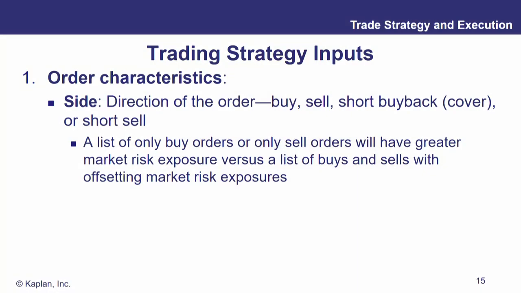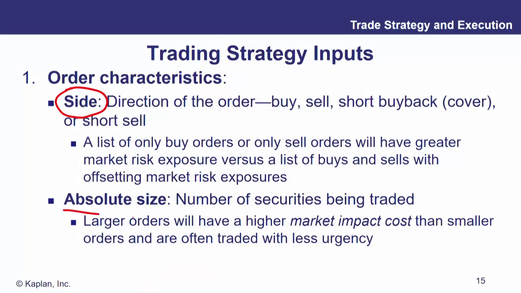Order characteristics. In the literature, you're going to hear the term side. What does that mean? It just means the direction of the order. Are you buying? Are you selling? Are you short selling? And what does this mean? Well, if you're just trying to do a bunch of buy orders or a bunch of sell orders, you've got greater market risk exposure versus a list of buys and sells with offsetting market risk exposures.